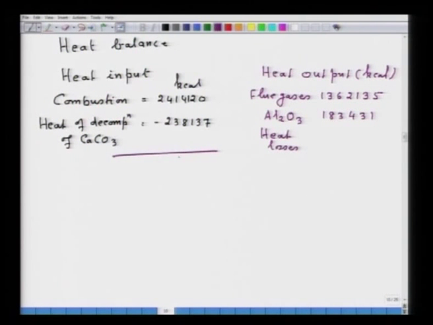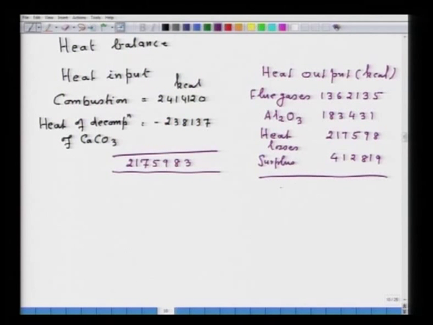So, here the input will be 217,593, and heat losses will be 10% of that, 217,598. Then we will have surplus, that will be 412,819. If we sum total all, it will again be equal to 2175983. So, that is how you will do the heat balance for problem number 3.